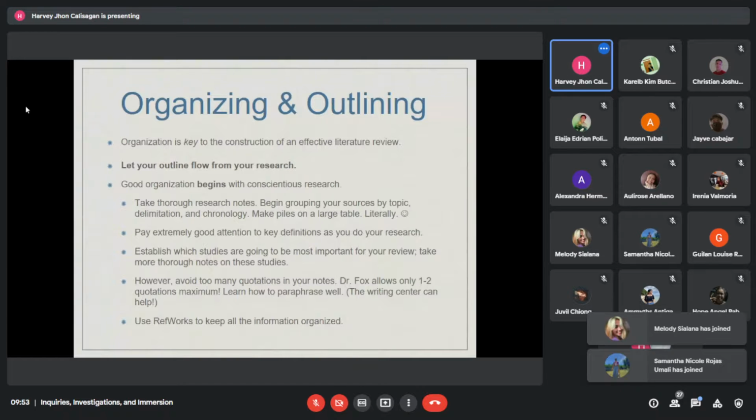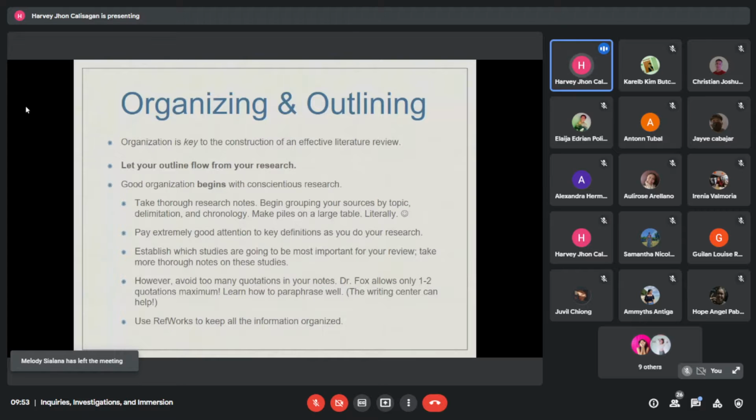So how do we organize? Sometimes we organize by how we interpret the variables in our research. That's why you have to know the variables of your research. You don't just put variables there because it's a requirement. You should know the point of those variables, because those are the things you need to consider when you are doing the literature, especially the key terms.